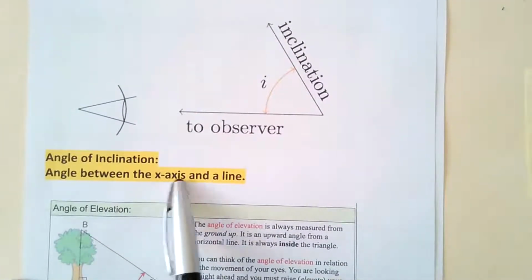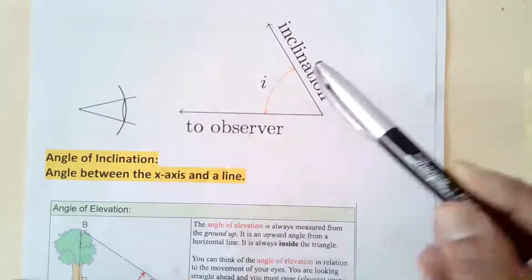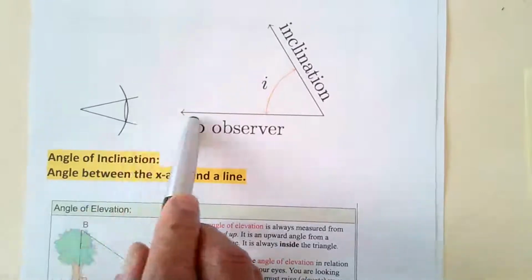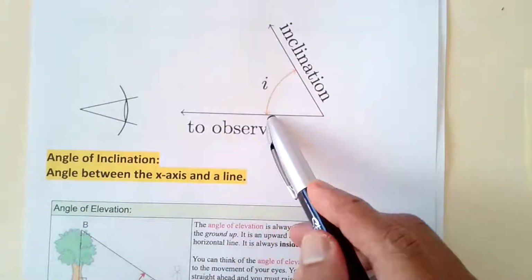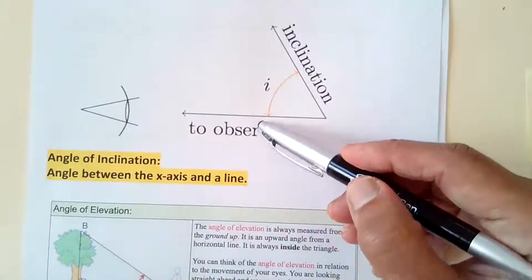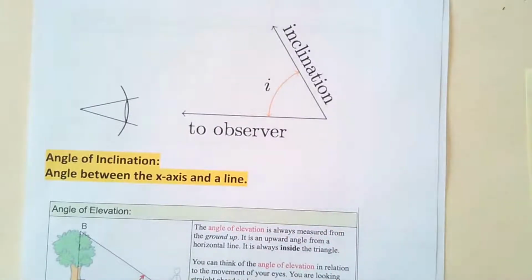The angle of inclination is the angle between the x-axis, this is the x-axis here, and a line. Or if you're the observer, it's from the horizontal going upwards. So it's similar to the angle of elevation. Think of angle of inclination as angle of elevation.